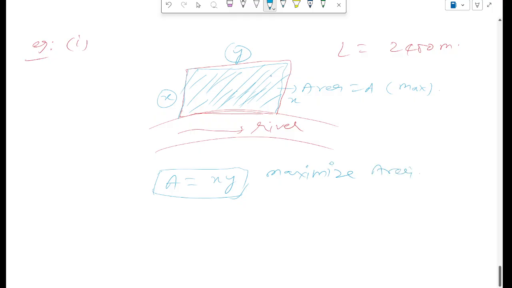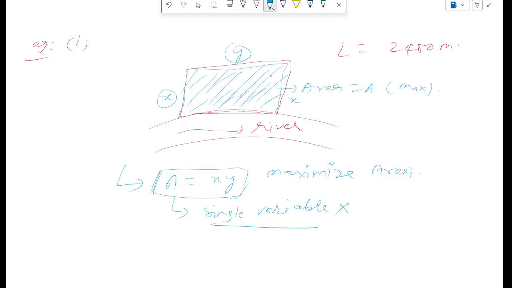This is our goal. So we have already expressed it in algebraic form, A equals x times y, but here you can see that our function is not a single variable function. We need this in a single variable function.